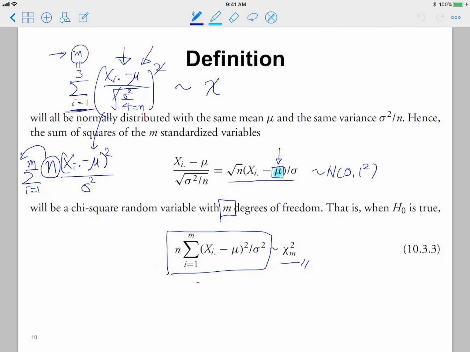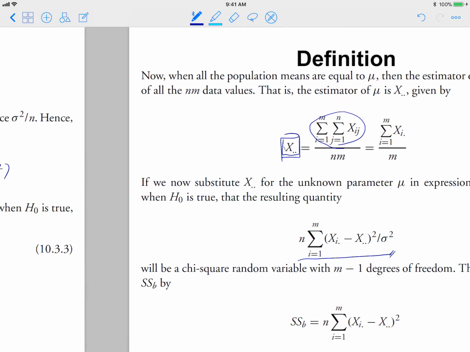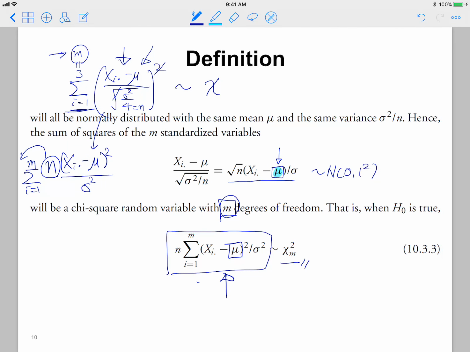Okay, and then from this representation or expression, we replace this true parameter mu by our estimator, x dot dot, and then this will have one less degree of freedom than the original degree of freedom of m.